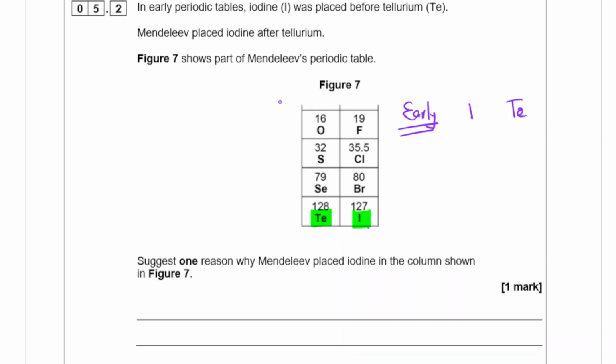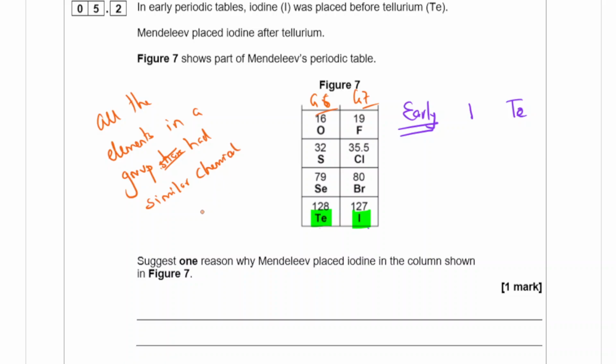Mendeleev basically figured out that all the elements, this is group 6 and this is group 7, all the elements in a group shared, or rather had, similar chemical properties, right?